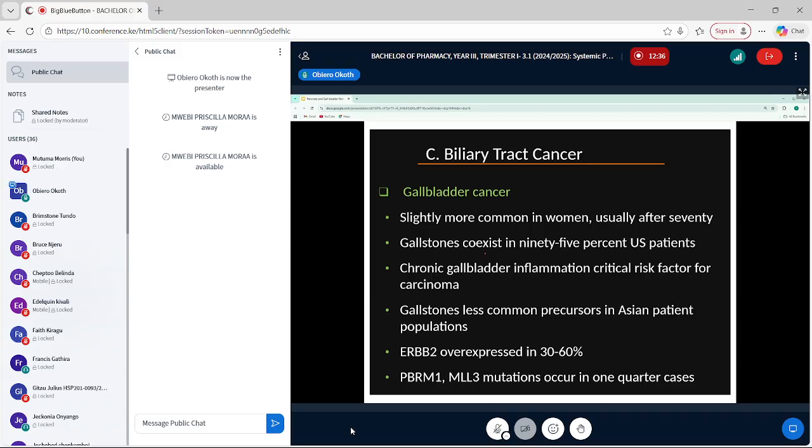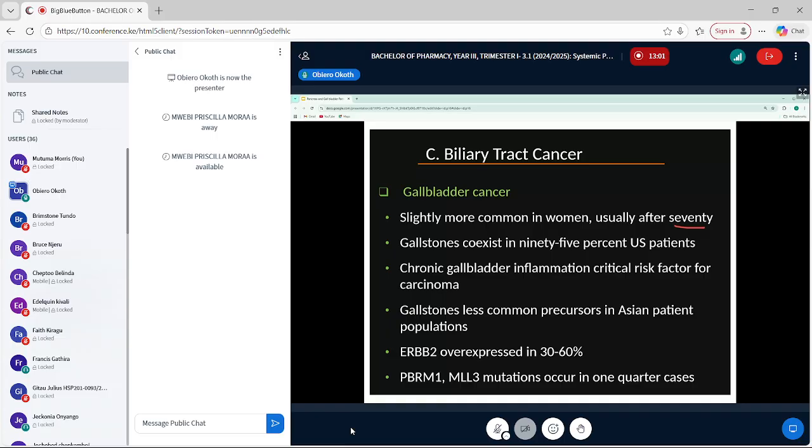We just don't have the data. They're related to gallstones, but most gallstones are asymptomatic. So when they get these gallstones at 40 years, the cancer will appear much later, at around 70 years plus.